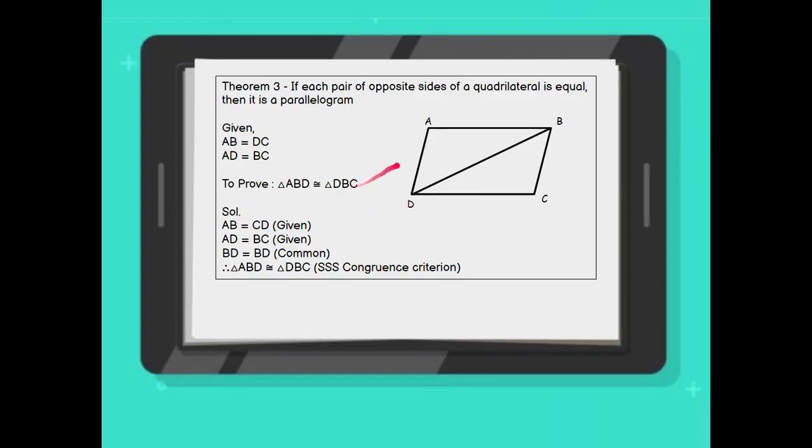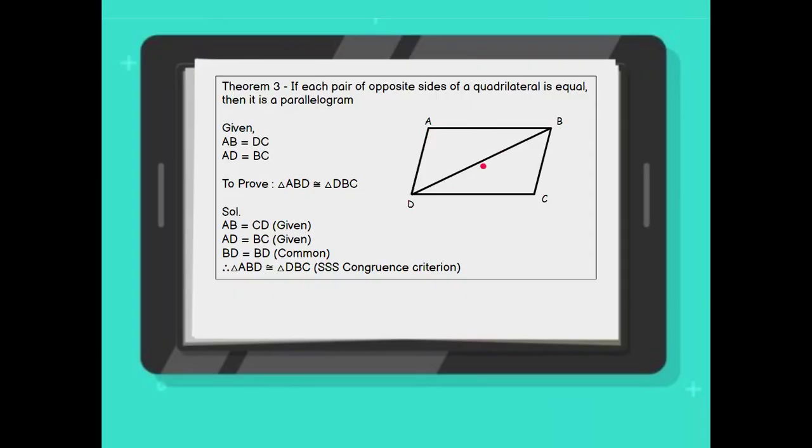In the solution, AB is equal to DC, given. AD is equal to BC, this is also given. And BD is common in both the triangles. So therefore, by side side side congruence criteria, both the triangles are congruent.